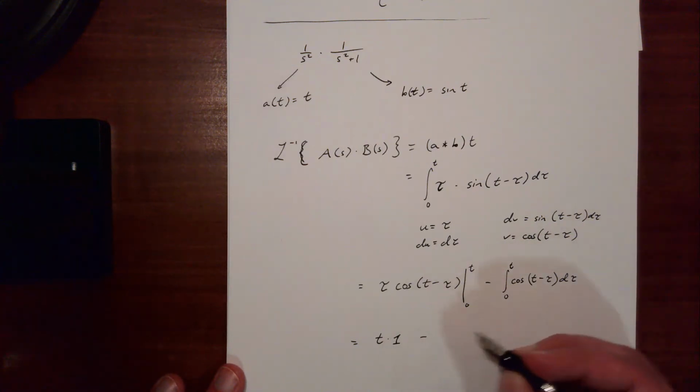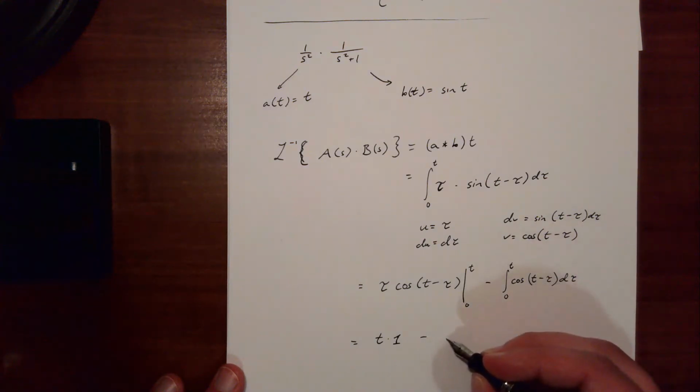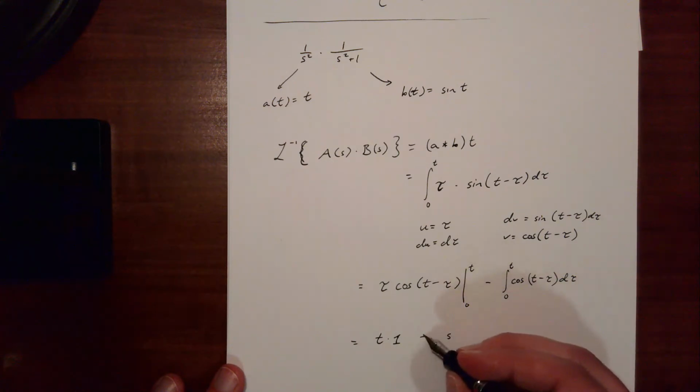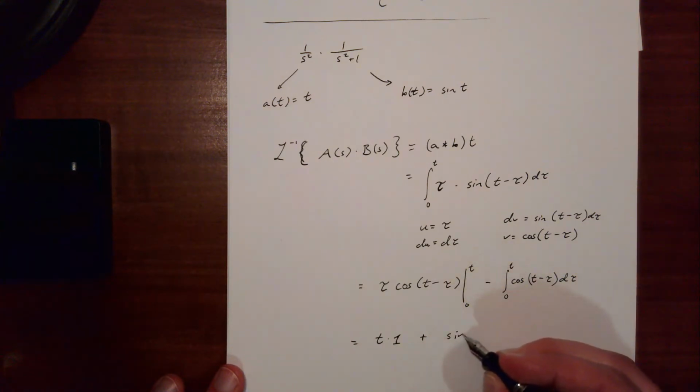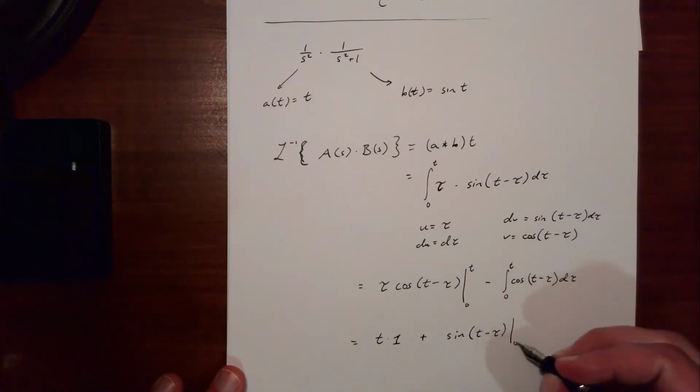And then here, we're talking about the integral of cosine, which is going to be then sine, but there's a negative inside on the tau, so that would come out. But there's a negative there, so that'll cancel, and that'll become, therefore, sine of t minus tau, evaluated from 0 to t.